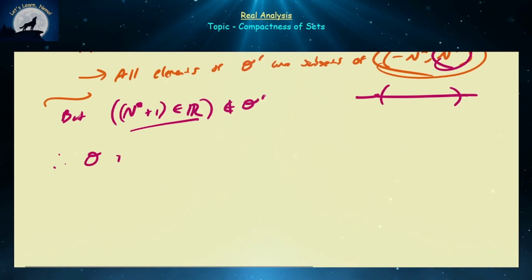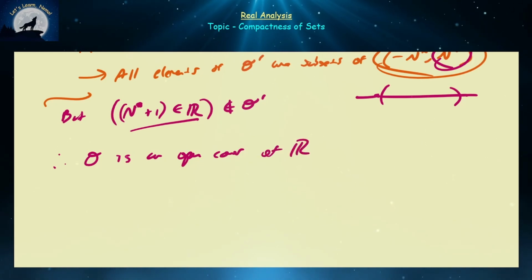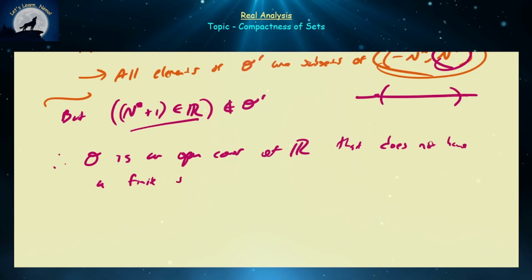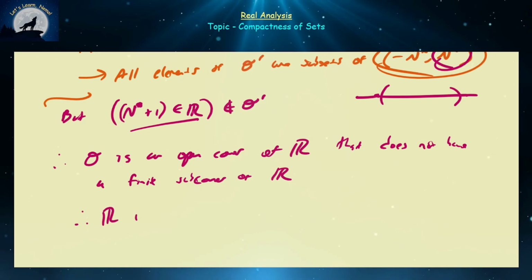That means O is an open cover of R that does not have a finite subcover of R. That is, since you have R, you need infinitely many subsets of O in order to cover all of R. So that means what? That means R is not compact. So that's kind of sad for the set of reals.